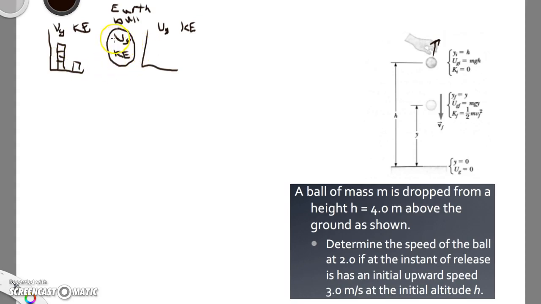As it flies through the air, by the time it gets to here, that potential energy will have decreased, which means if our system is closed, it will have transformed into kinetic energy. So it's going to be moving faster. We lost 2 boxes again, which means now instead of 2 boxes of kinetic energy, we have 3, since it was initially moving upward.